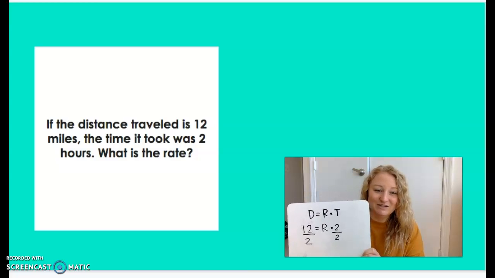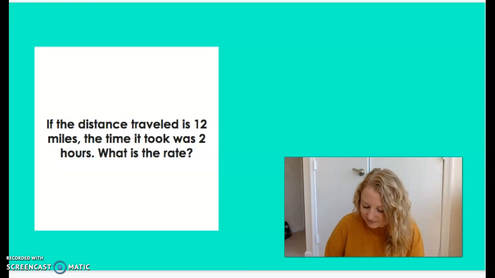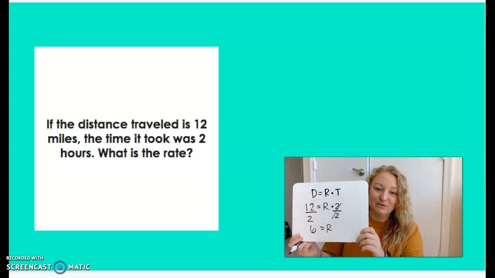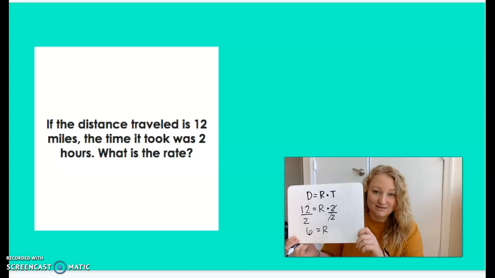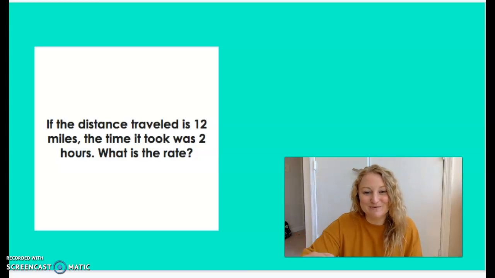Remember, my equal sign is just like a balance. Whatever I do to one side, I need to do to the other. So 2 divided by 2 is 1. I'm going to essentially cancel that out and be left with r on one side. 12 divided by 2 is 6. So my rate equals 6. So some of these you will be able to solve using mental math, but make sure you remember also how to solve a one-step equation.